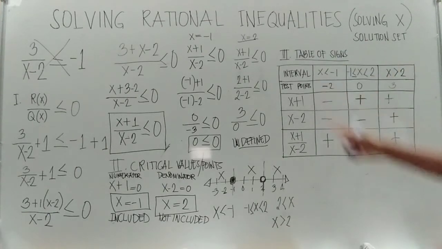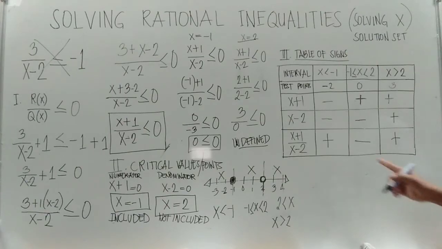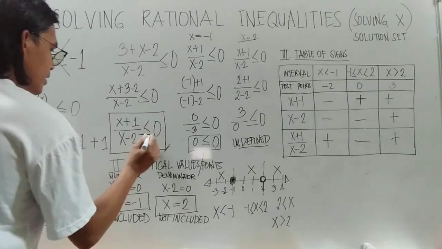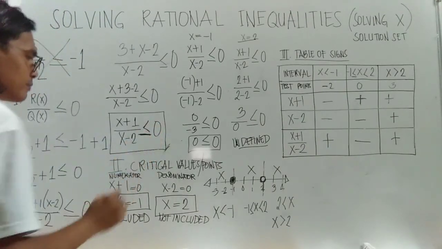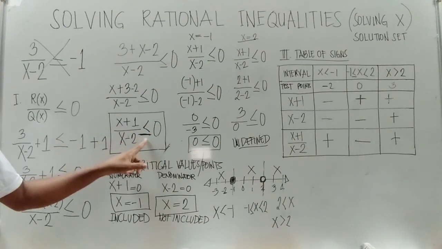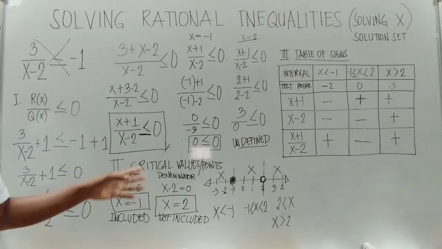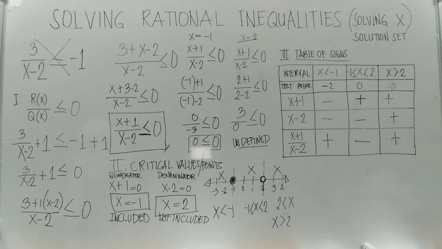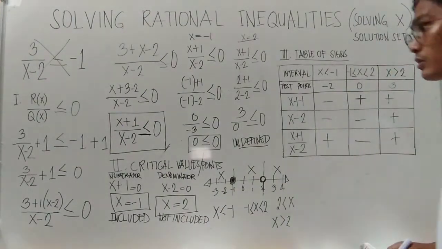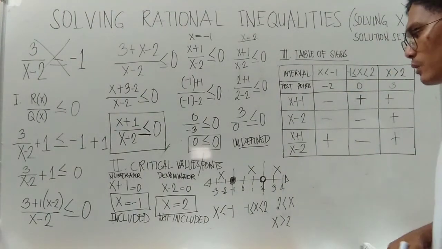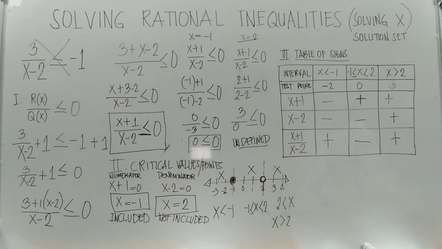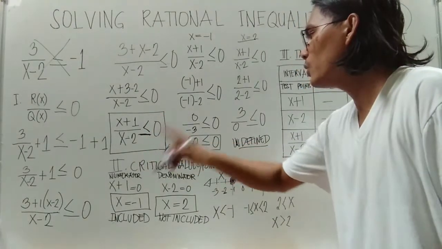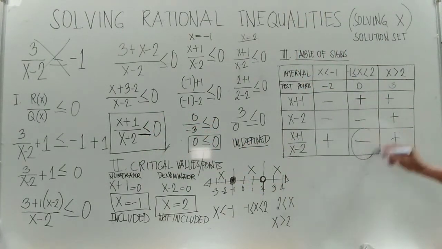Okay, so what's the point of this value? Let's go back to the inequality symbol on our simplified inequality. The symbol is less than or equal to 0. So what numbers are less than or equal to 0? Of course, the negative numbers. All negative numbers.